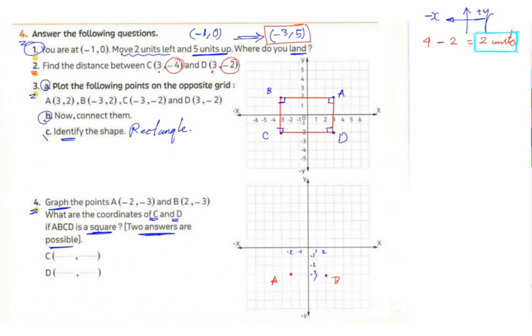Why? Because given these 2 points, A and B, I can draw the square upward, or I can make it downward.